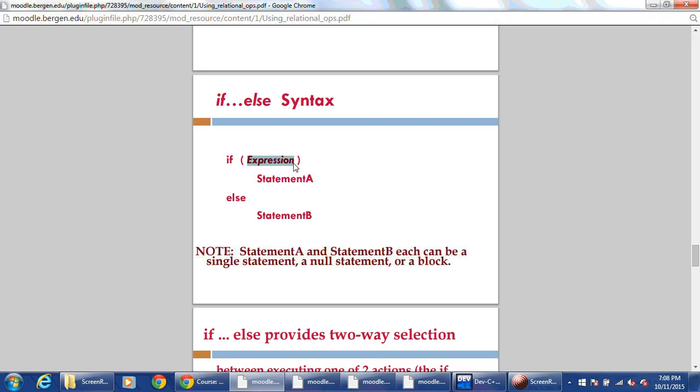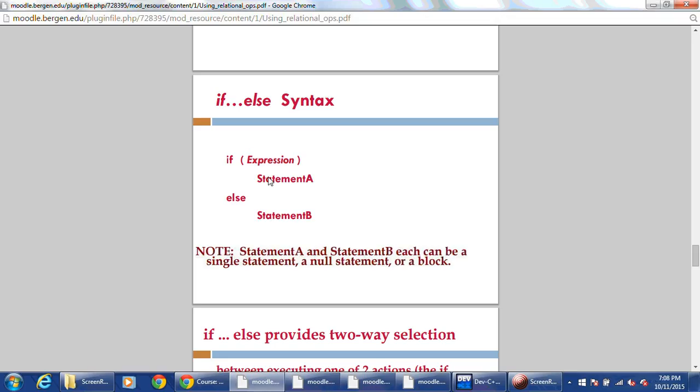The first thing to note is anything here in statement A could be many statements. At most, you're going to have either an execution here or here. You're never going to have an execution for both because, again, there's only a true or false. If this is true, it's going to do anything under the if. If it's not true, meaning it's false, then it'll do anything after the else. That's the way if-else works.